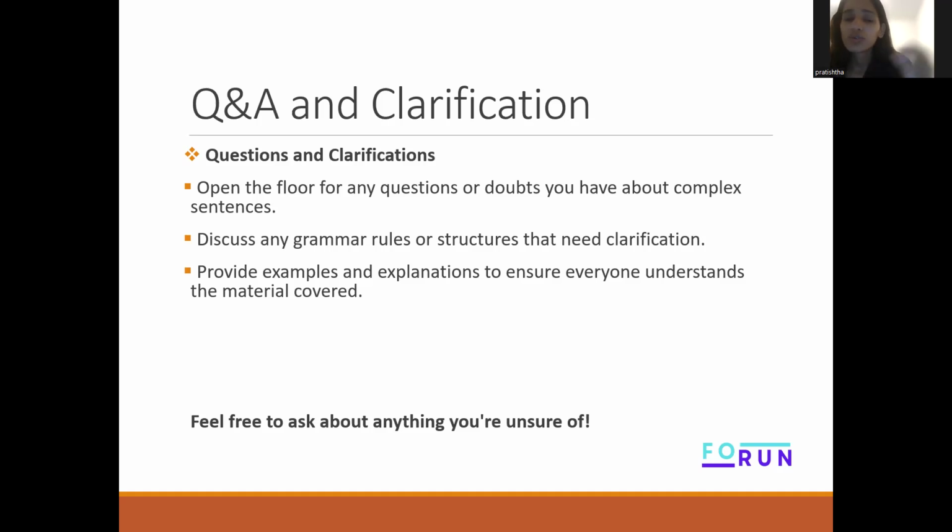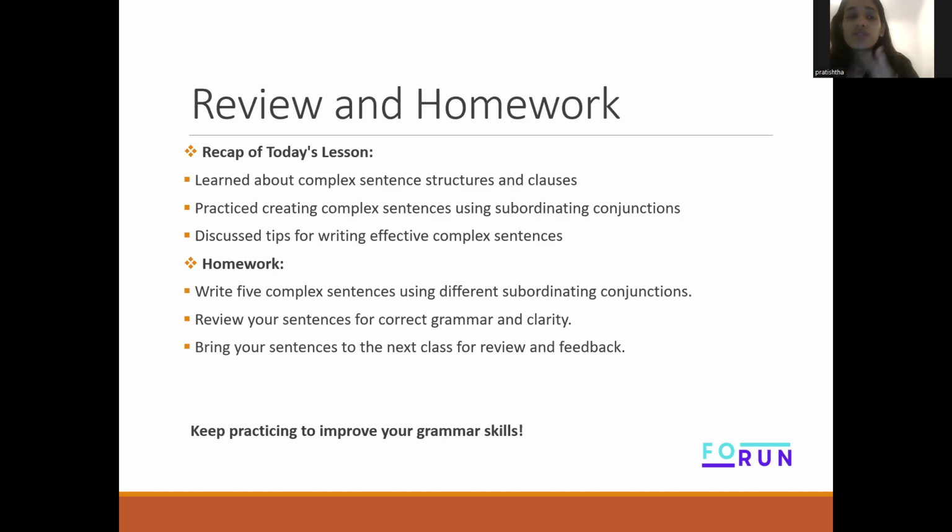I would suggest you read all of this again and ask yourself if you understand this, if you're able to create sentences on your own. So I would really like you to write 5 complex sentences using different subordinating conjunctions. Review these sentences, make sure your grammar is correct, make sure you know the reason why you have used them, make sure the punctuation is correct, and that should be it for your practice.